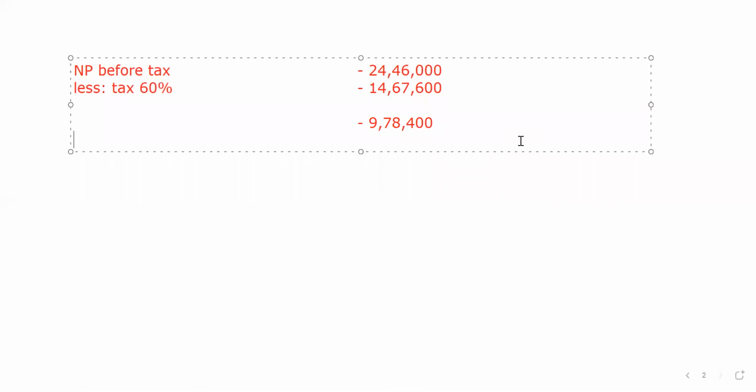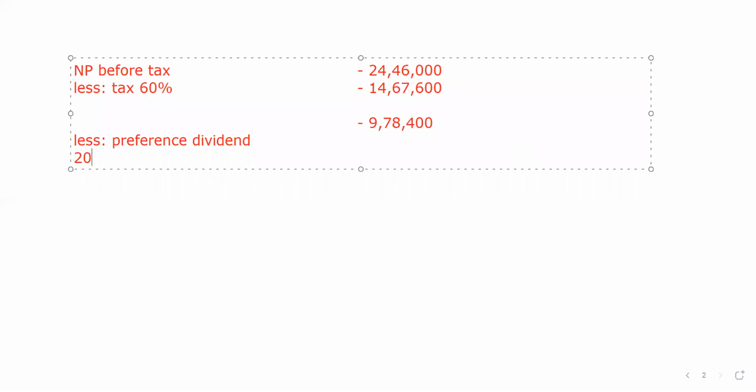The next component that we have to consider is preference dividend. Preference dividend is 9 percentage of the preference share capital. So preference share capital in the question is 10 lakh. So what will be the amount? 9 percentage of 10 lakh.